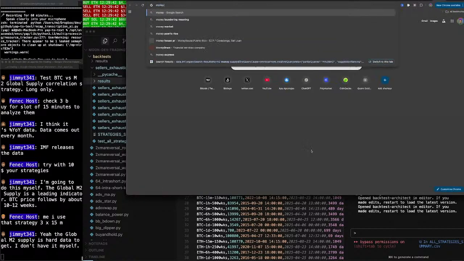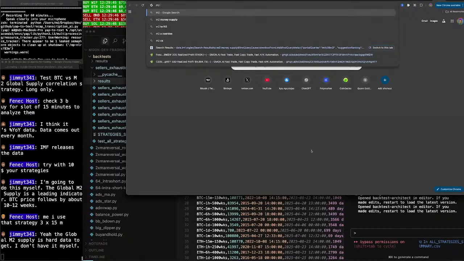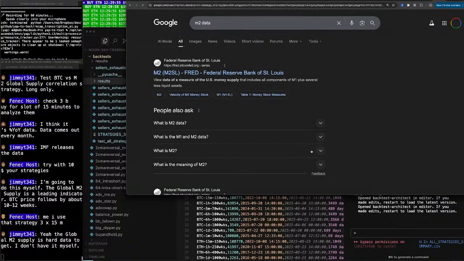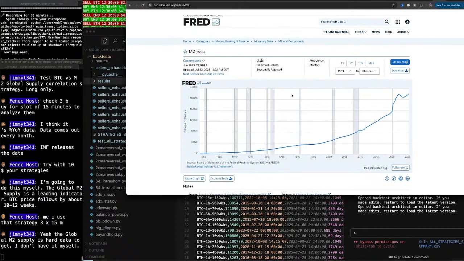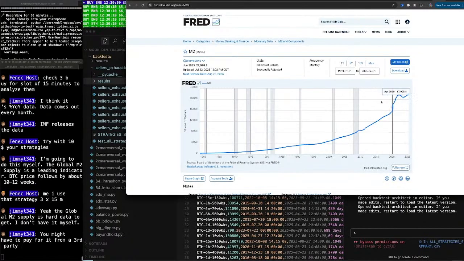How do you even get this? Okay, money. M2 data.